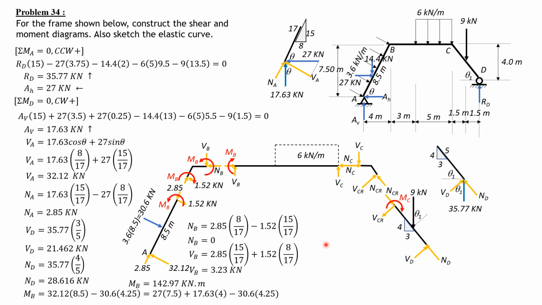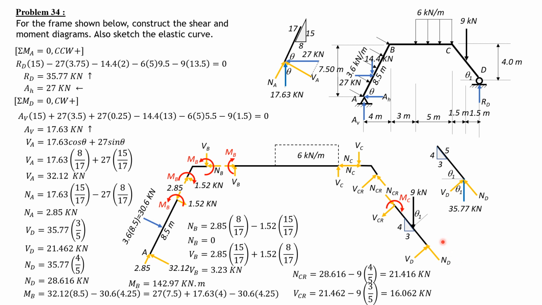So N_CR is 21.416 times sine theta 4/5. So V_C is equal to 26.77 kilonewtons. Or the other way, for computing V_C, it is equal to 35.77 minus 9 if you consider the entire free body diagram of CD. So that's the shorter and simpler way.